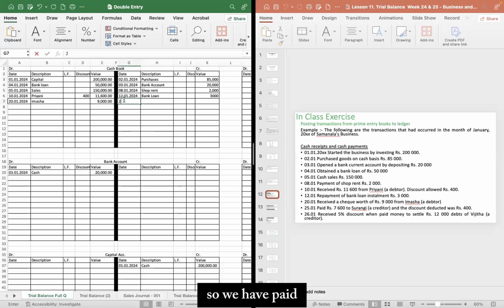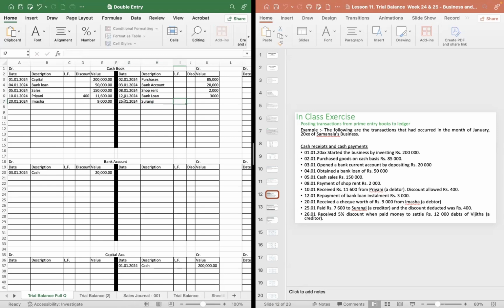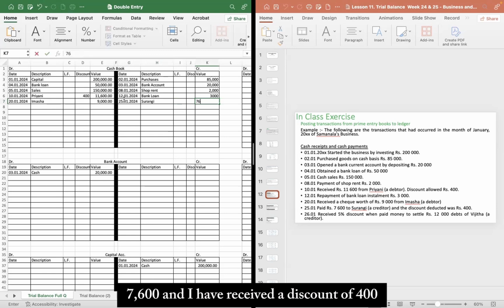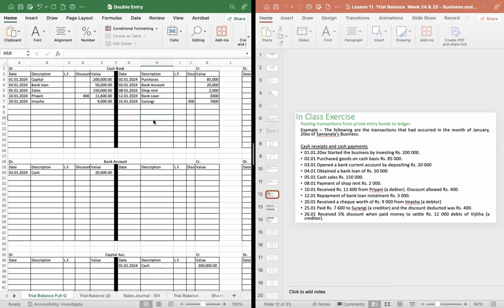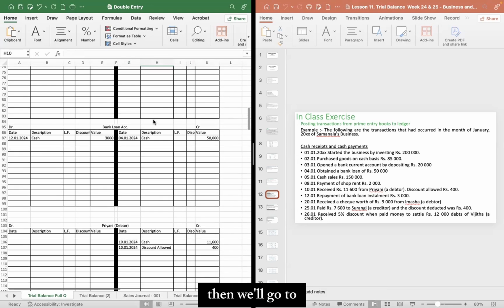So we have paid. Surangi is my creditor. How much I have paid? 7,600, and I have received a discount of 400.